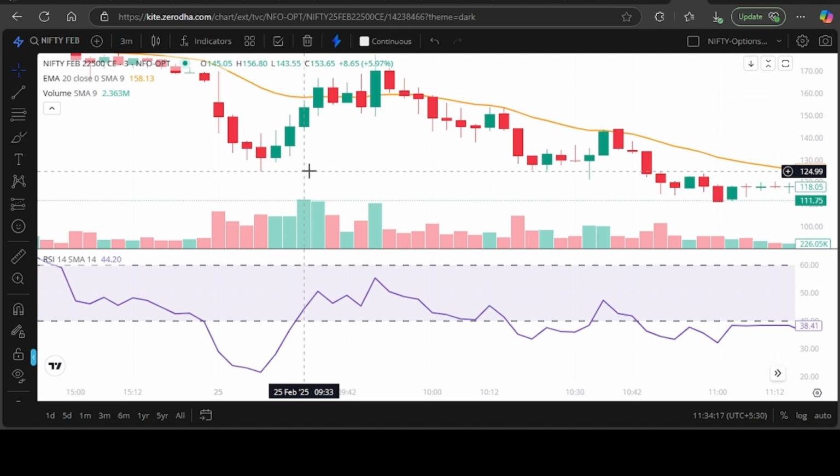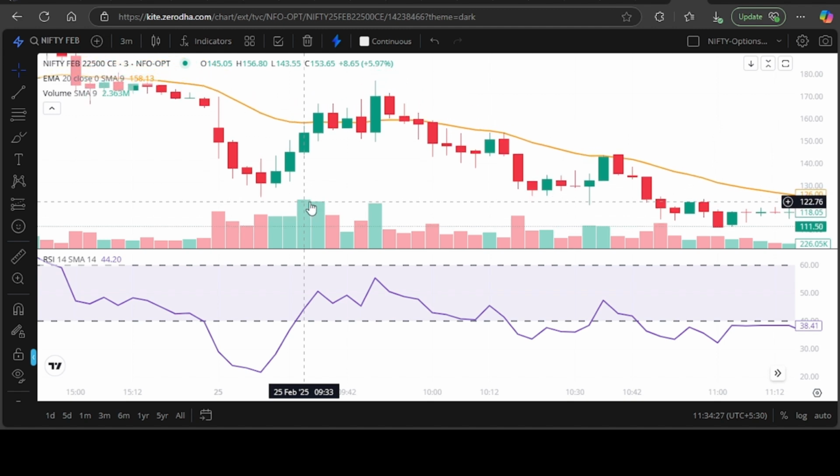Now here we are talking about today's chart, that is 25th Feb 2025, and let's directly jump into the strategy of yet another way of trading depending on how the candles are forming and how the RSI is moving.